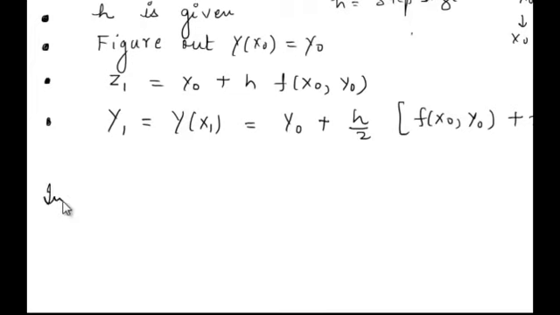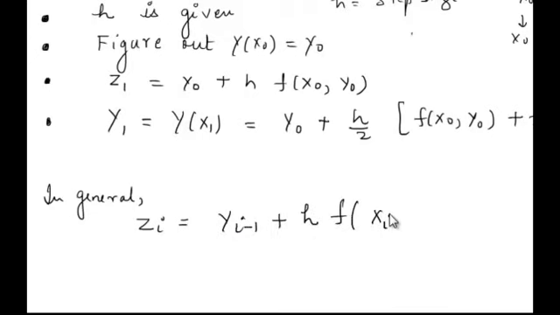So in general, zi will be nothing but y i minus 1 plus h times f of x i minus 1, y i minus 1.